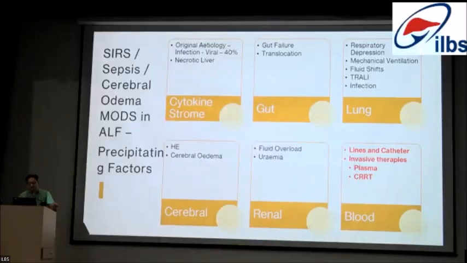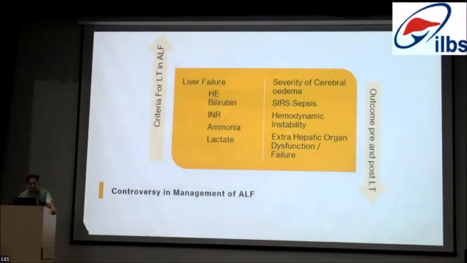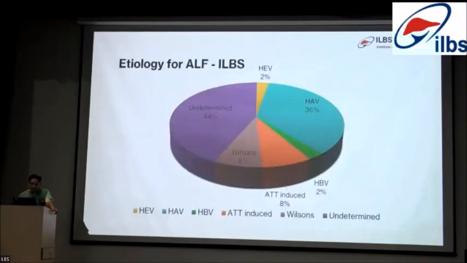And that's, I think, a very big message we need to keep in mind when we manage this patient in ICU as well. So again, this is just to put that thing, that criteria for liver transplantation are based on hepatic encephalopathy, bilirubin, INR, ammonia, and lactate, whereas the outcome is dependent on cerebral edema, SIRS, sepsis, hemodynamic instability, and hepatic organ dysfunction.